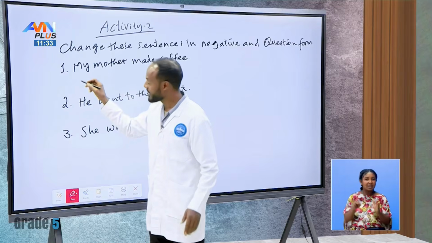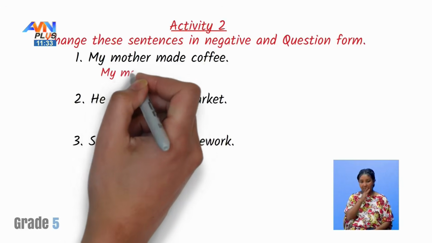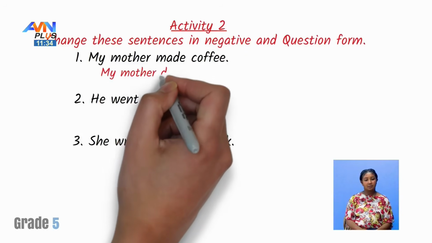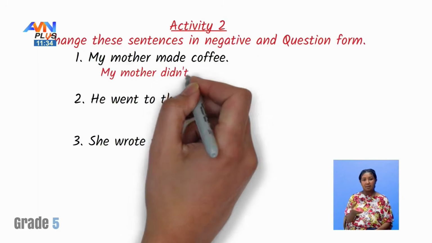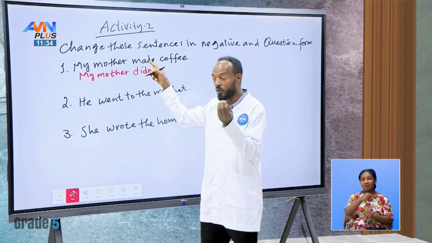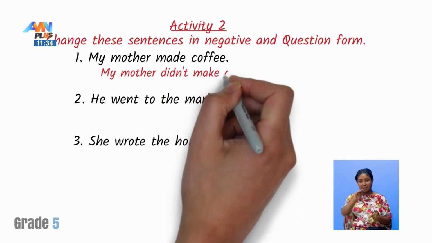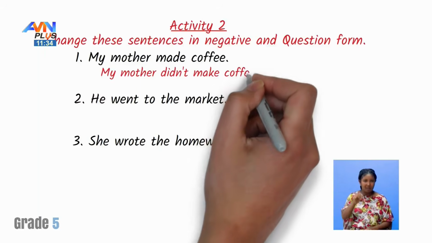From negative, okay? My mother, then, as we've said so far, my mother didn't. The V1 of the word made is make. My mother didn't make coffee.